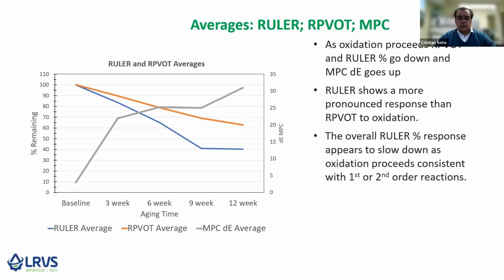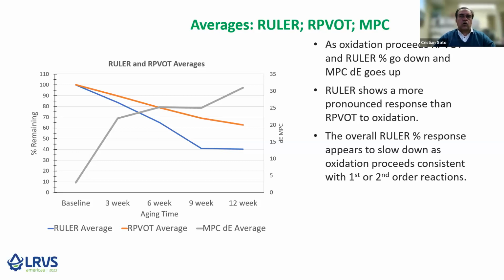As the ruler response proceeds over weeks of oxidation, we can see that as the concentration of antioxidants is reduced, the rate of change of the remaining quantity begins to flatten out.